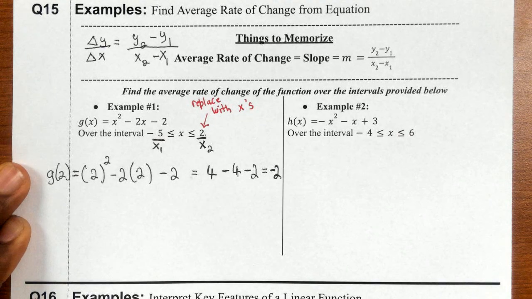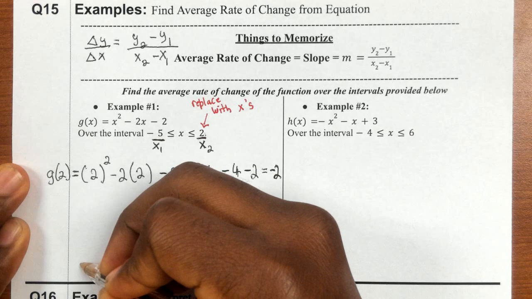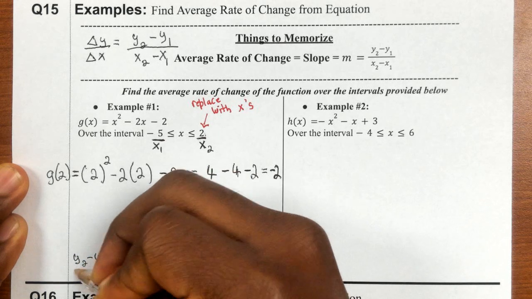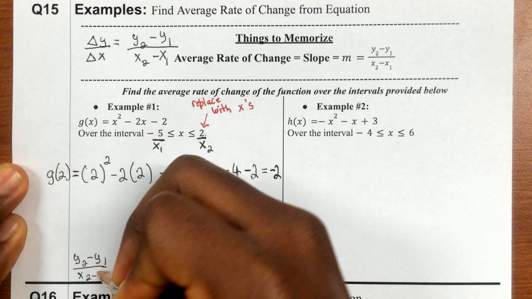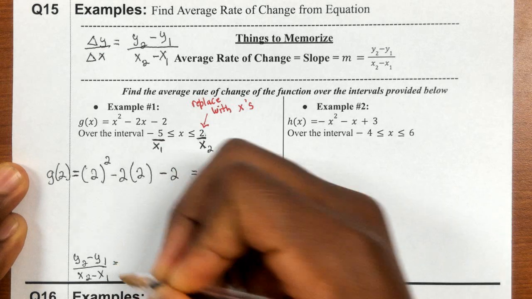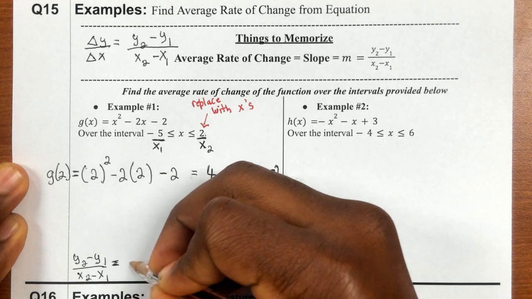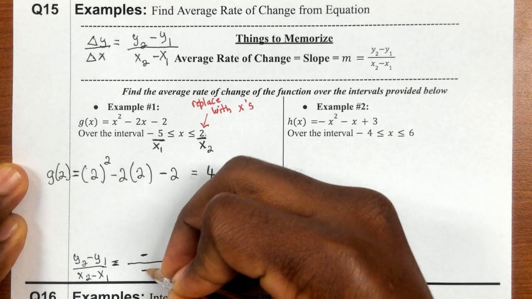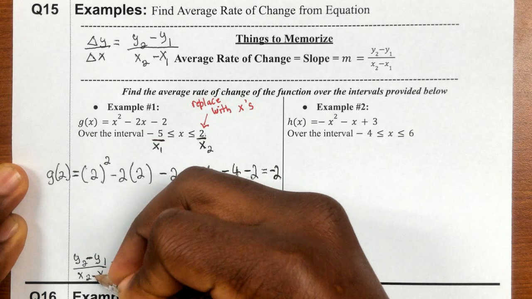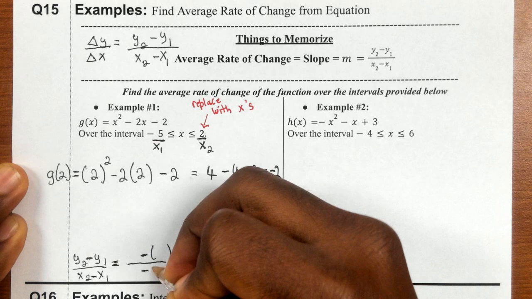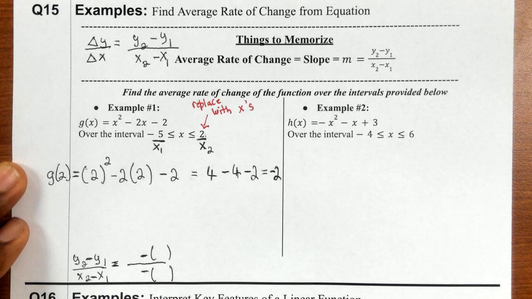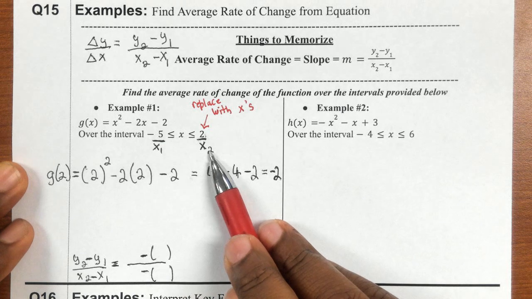So let's put that with my formula. Again, my formula is y2 minus y1 over x2 minus x1. A lot of times I set it up like this, where I write some fractions with a negative sign in between, because that's what my formula says, and then I write 2 parentheses at the top and the bottom on the right side. This was my x2.